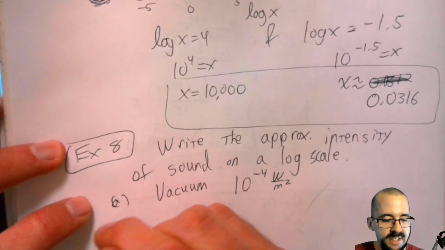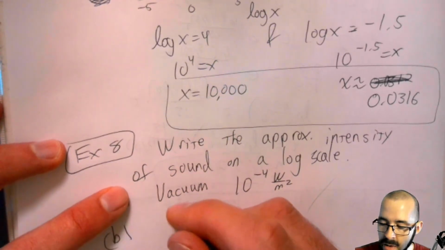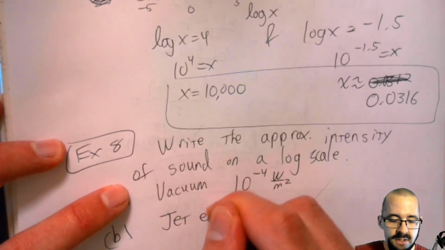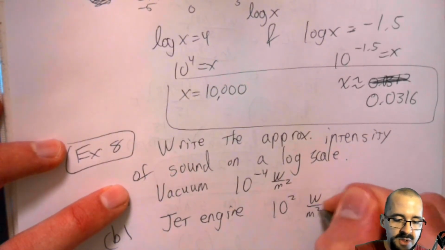And part B, let's do it on the same one. Normally, you wouldn't be able to do these on the same one, but with a log scale, we can. Part B is going to be a jet engine, which is 10 squared W over M squared.